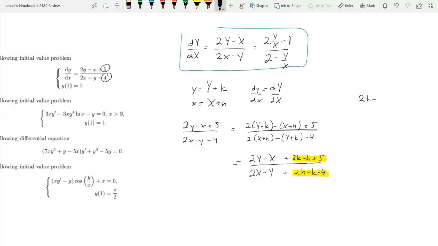All right, so that gives you a system of equations to work with. You have 2k minus h plus 5 should be 0, and 2h minus k minus 4 should be 0. So you solve that system. Let's say multiply the top equation by 2 and add the two equations.